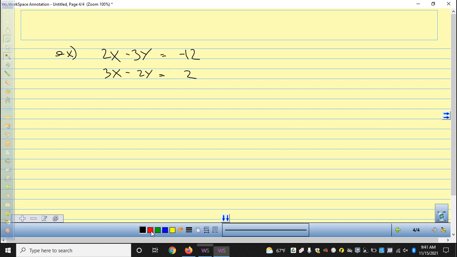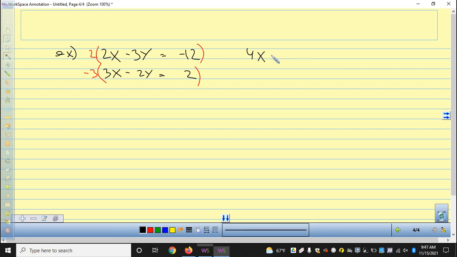Multiply the top by 2 and the bottom by, do we want 3? Because we want them to be opposite signs. So how about negative 3? That way we would get a negative 6y here and a positive 6y there. So when I do that, I'm going to distribute to everything here.